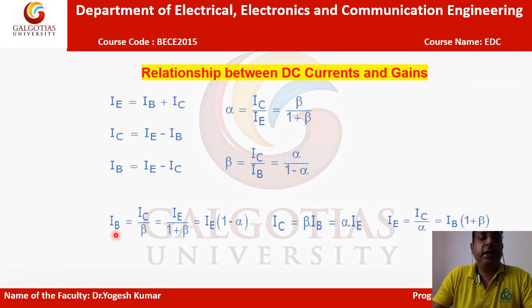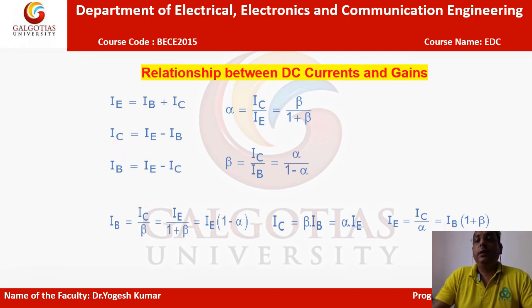So we can write IB is equal to IC upon beta. IC upon beta we can convert into IE upon 1 plus beta, that is IE times 1 upon 1 plus beta, which we can write as 1 minus alpha. So we can write IC is equal to beta IB, that is alpha IE. So IE we can write as IC upon alpha, or IE is equal to 1 plus beta times IB.